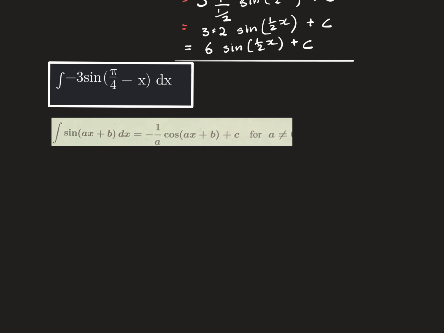In this next example, the same process applies, but this time we're going to use the formula for sine. First of all, as before, we just want to identify that linear function and identify the a value of it. Well, in this case, we could rewrite this as minus x plus pi on 4, where in that case our a value is going to be minus 1.